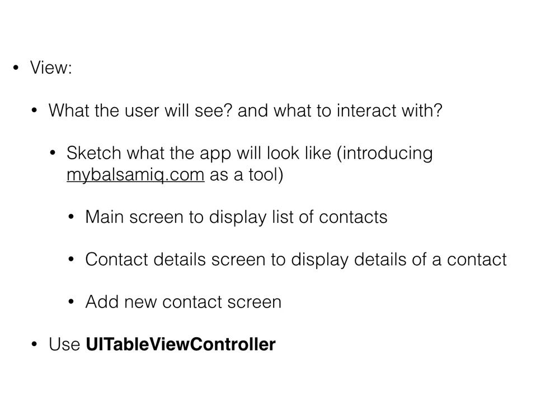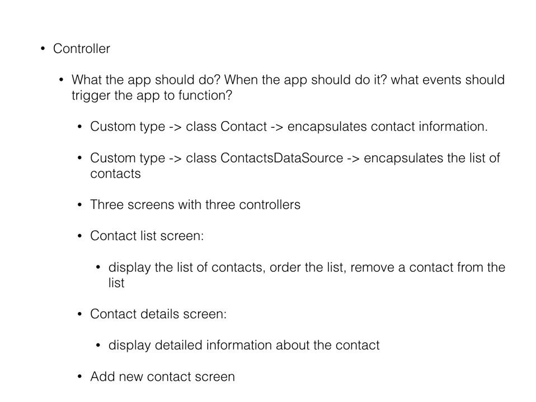So we'll learn how we can use the table view to show both a dynamic list as well as a static list of information. We will be using the table view controller for all the screens in this project. The controller is the brain, the thinking: what the app should do and when the app should do it.